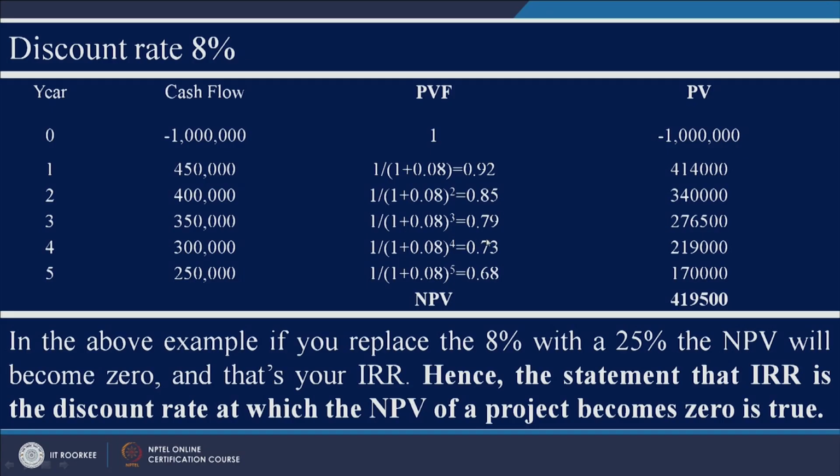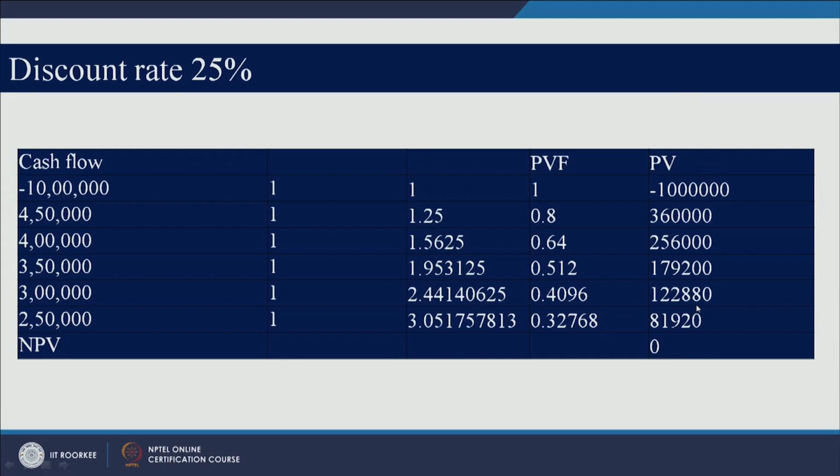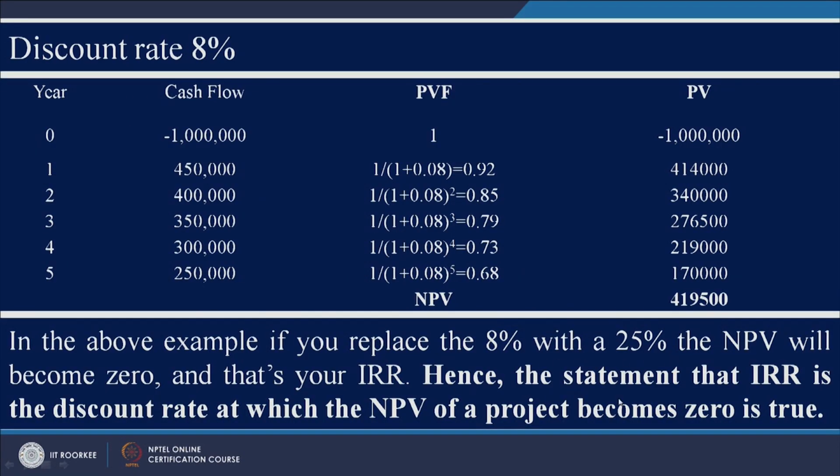Get all these present value factors, multiply present value factors with cash flows and find out whether this value is 0 or not. So, this is minus value and all these are plus values, right, and when you add all these, NPV becomes 0. So, we will say that the statement that IRR is that point where NPV becomes 0 is correct, right.